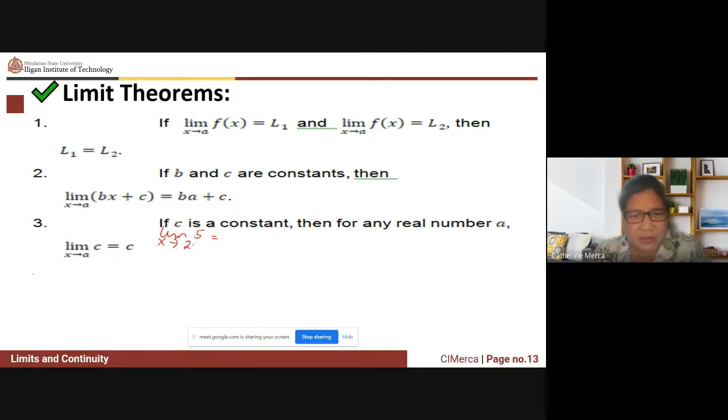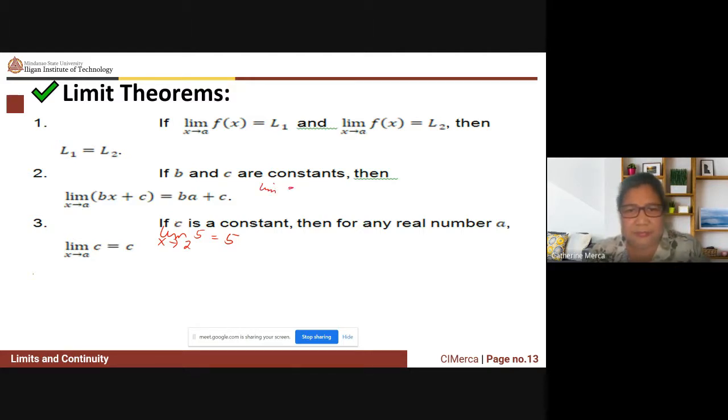Kahit ano pa ang a na nag-approach, constant man. So, ano ba? C. So, 5. Limit of 5 as x approaches 2 is still equal to 5.